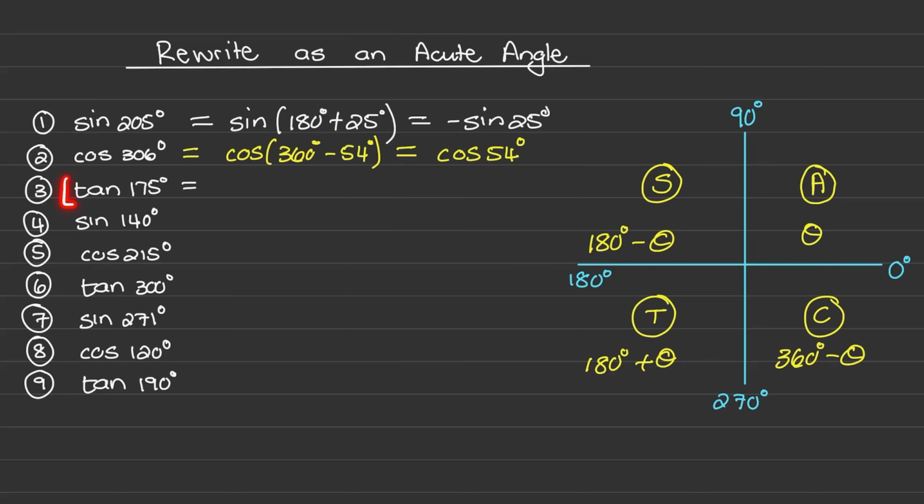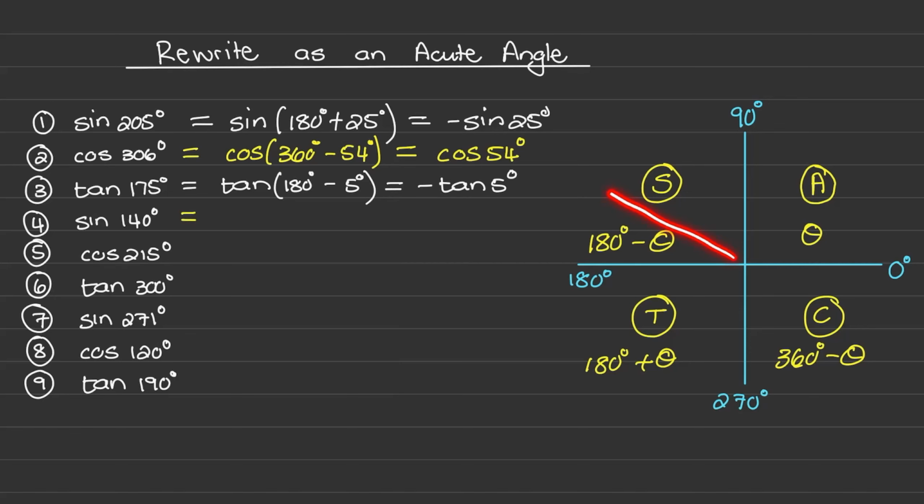Next, we have tan of 175 degrees, which is in the second quadrant. If I rewrite 175 degrees, I have 180 minus 5 degrees, which is still equal to tan of 175 degrees. We also know that tan is negative in the second quadrant, so it will reduce to negative tan of 5 degrees.